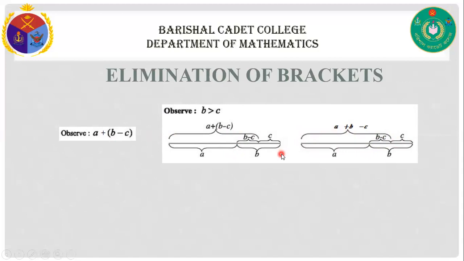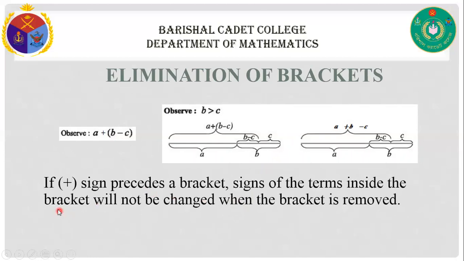From this picture, we understand that if a positive sign precedes a bracket, the signs of the terms inside the bracket will not be changed when the bracket is removed. Here b's sign is positive, and here c's sign is negative, and here also c's sign is negative.